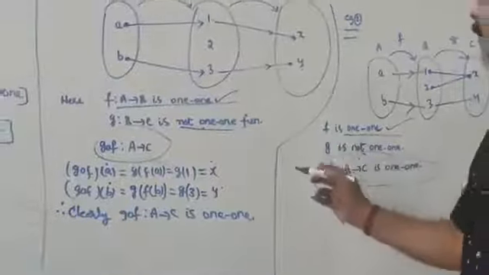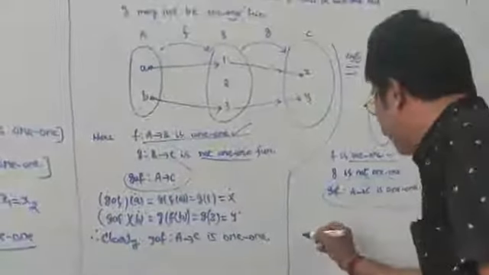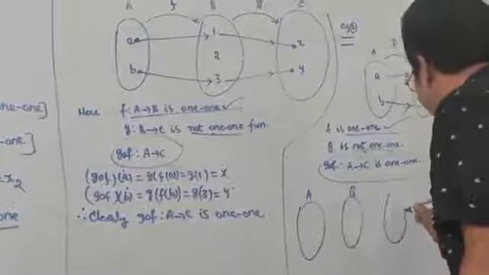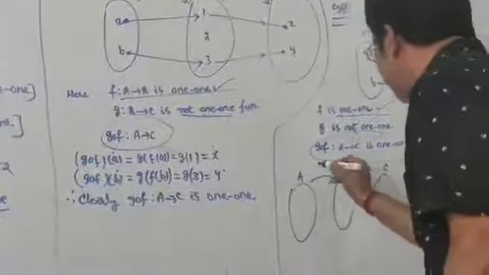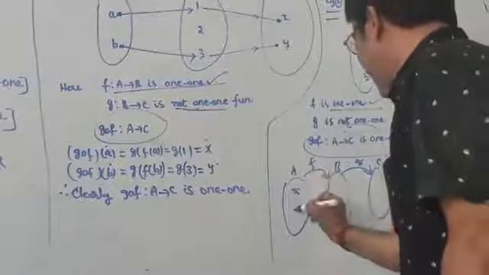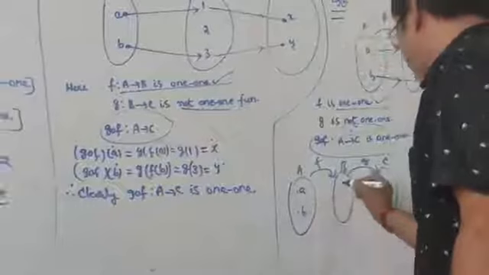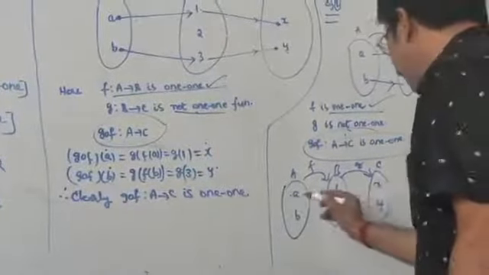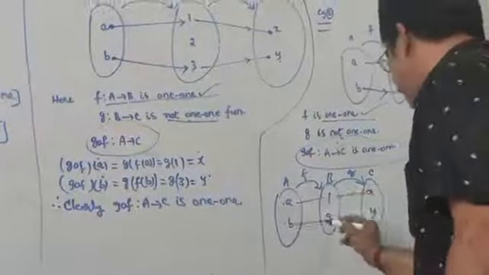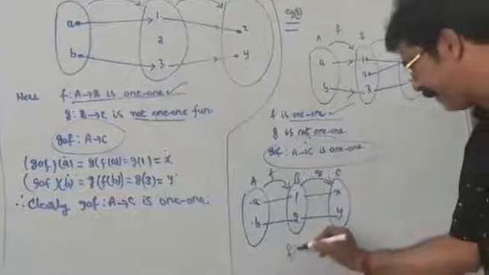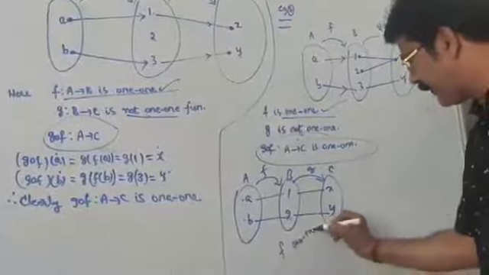Means, for example, another: capital A, capital B, capital C, this is F, this is G. A, B, 1, 2, X, Y. A to 1, 1 to X, B to 2, 2 to Y. So F is a one-one function.